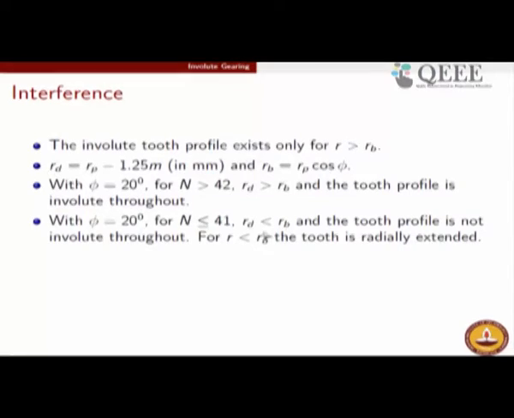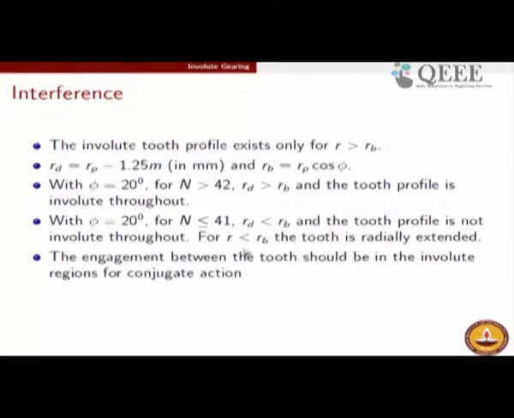So in between the base circle and the dedendum circle there is a region where the tooth profile is not involute, and as a result this case deserves some special attention, because if you do not have an involute tooth profile, for one thing you will not be able to satisfy the fundamental law of gearing. So as we said, in this region which is falling below the base circle, we simply assume that the tooth profile is radially extended, but this leads to some problems as we will see.